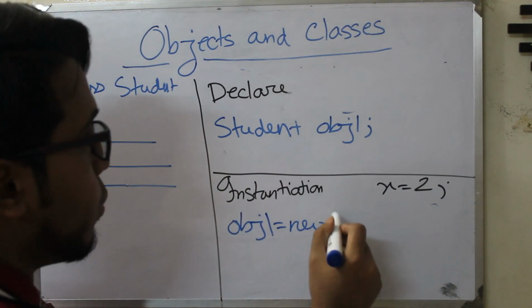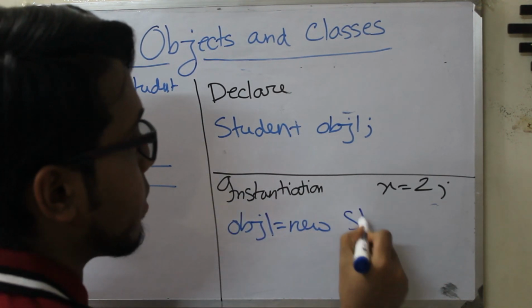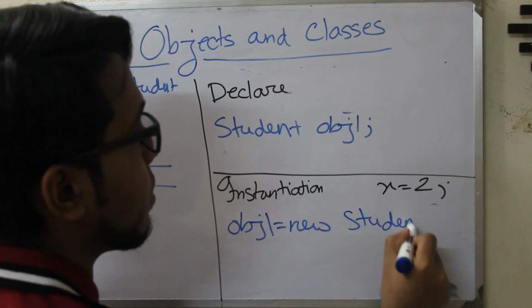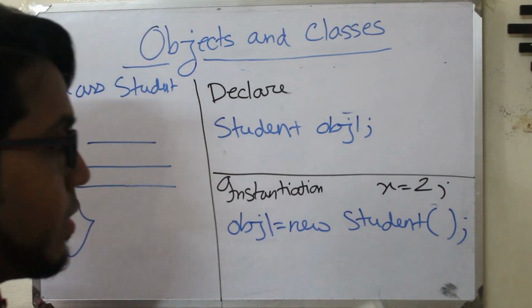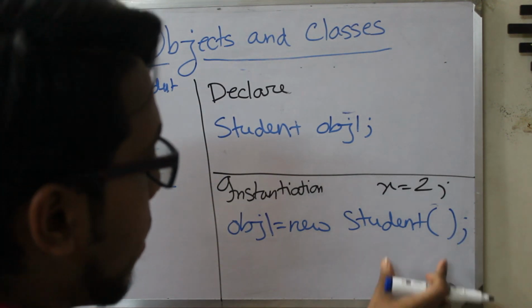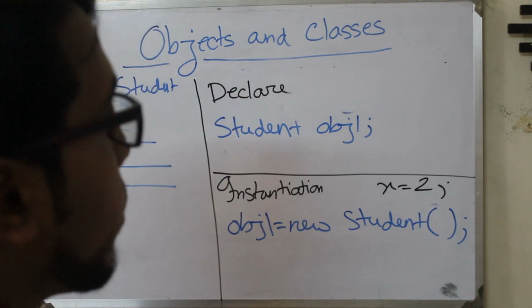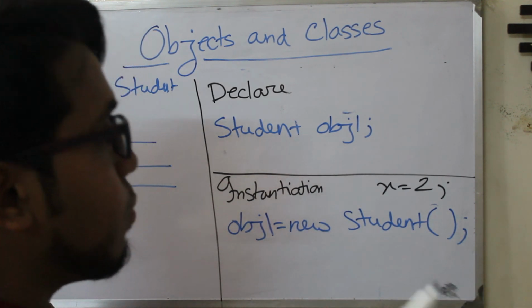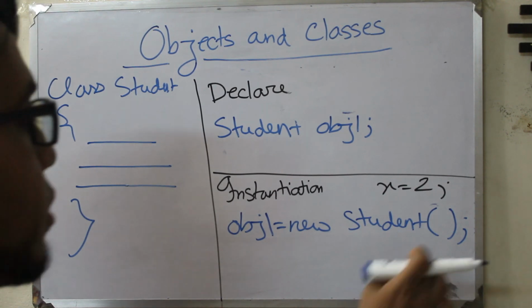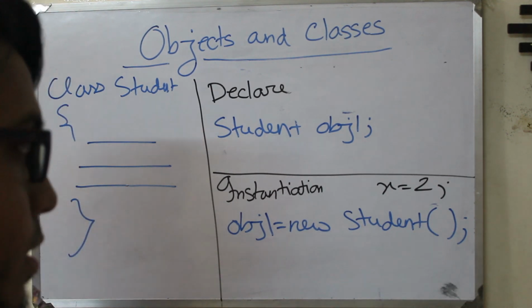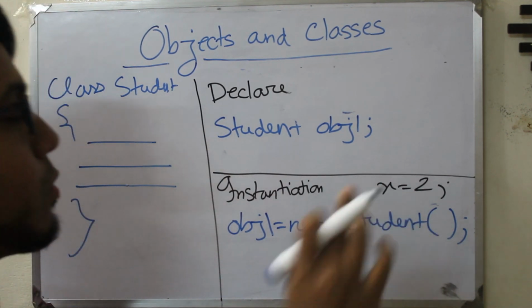Then we write the type, which is student. Now we give parentheses. This is just the convention, we'll not focus on this part. This one is called the constructor, which is called when the object is created. So let's not focus on the parentheses. This is what we have to give when we're creating an object.